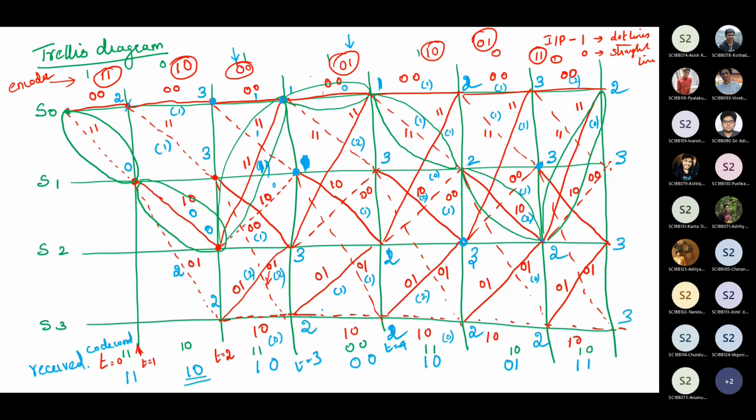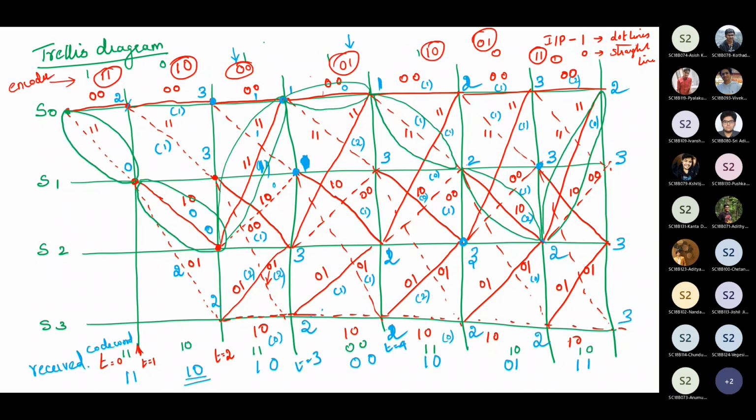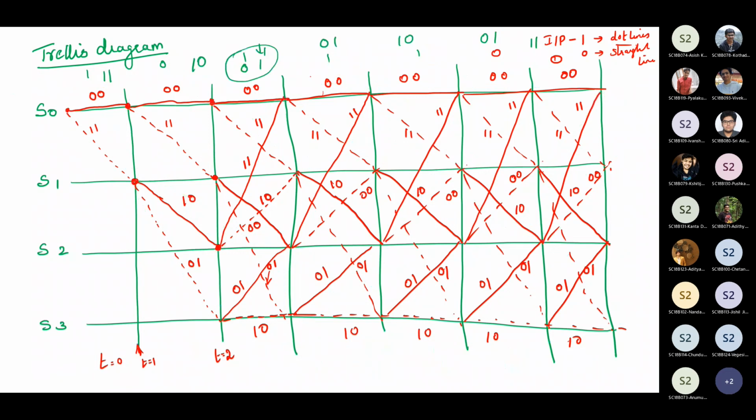Rest is 0, 1, 1, 0, 0, 1, 1, 1. So 0, next is what? 0, 1. 0, 1, 1, 0, 1, 1, 0. Last is 0, 1, 1, 1. Okay. So our error is in this bit. That is, instead of 0, 0, I am just taking it as 0, 1. Okay. So only a 1-bit error.